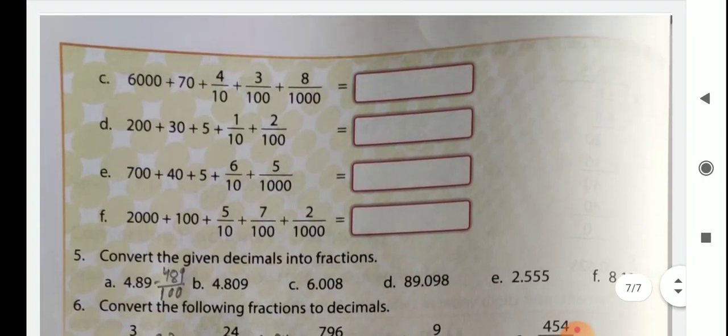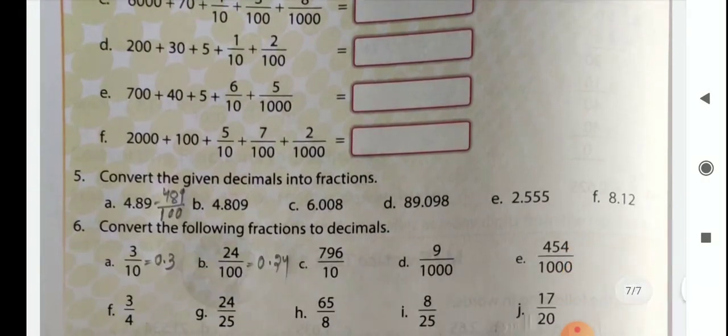Then question 5, convert the given decimals into fractions. Here mark the decimal point, then put where 100, where 10, 1000. Okay. Then question 6 is just the opposite of question 5. Here a fraction is given, you have to write it as a decimal number.